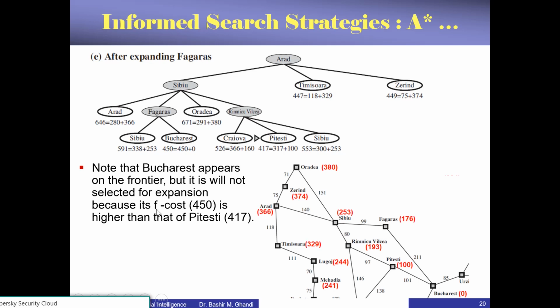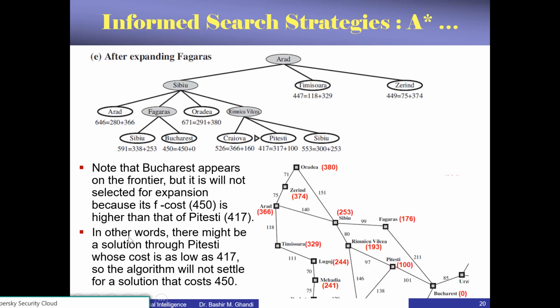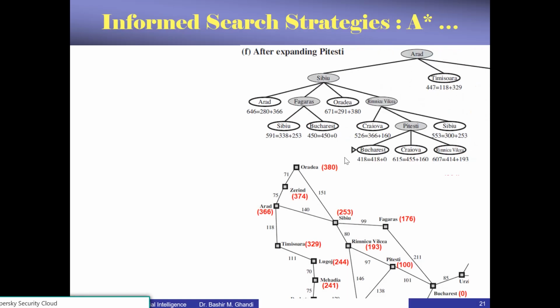Because its function cost is 450, which is higher than the cost of Pitesti. In other words, what the algorithm says is there might be a solution through Pitesti whose cost could be as low as 417. Okay, so therefore it is not wise to settle for 450. So actually Pitesti will be explored next, and that is what we will see next.